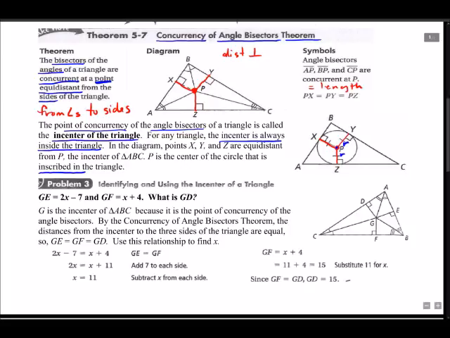This is a radius, this is a radius, this is a radius. And so when we draw this circle, we draw the circle that is inside our triangle and intersects each side of our triangle. So that's kind of fun.